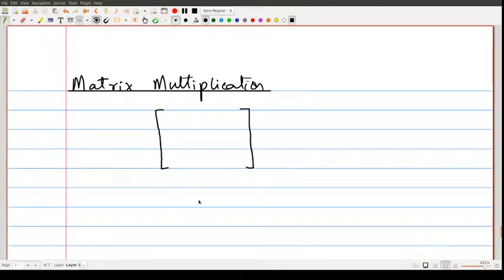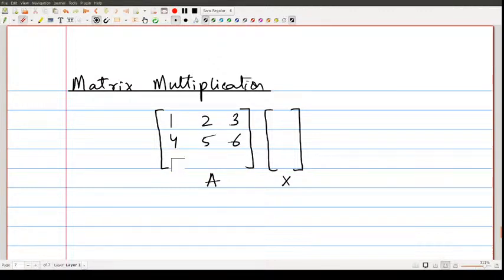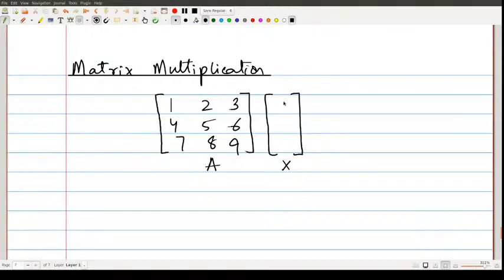So let's take a nice little matrix, let's call it matrix A, and a vector x. So this is 1 2 3, 4 5 6, and 7 8 9, and this is some vector x1 x2 x3.